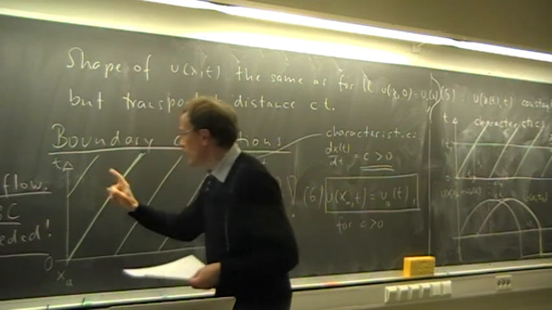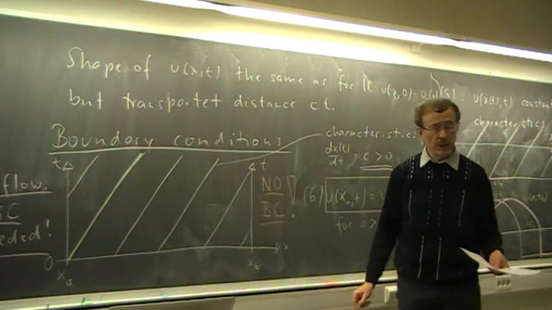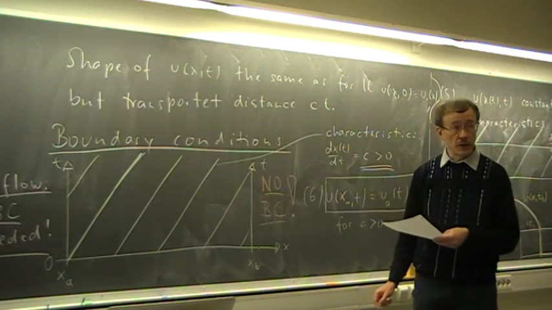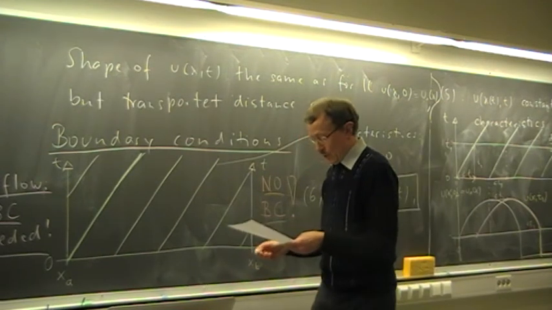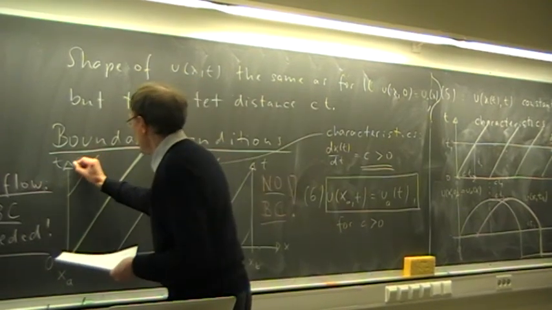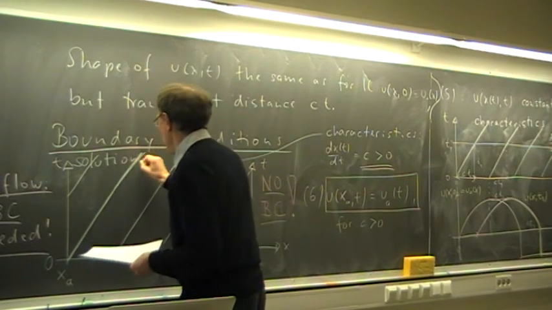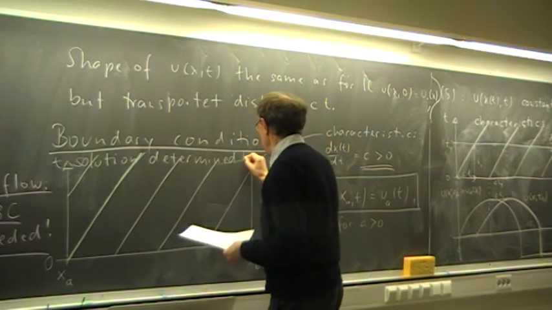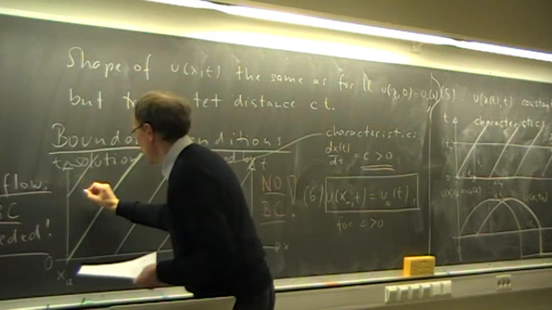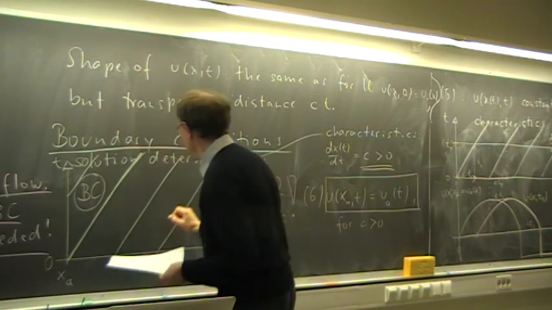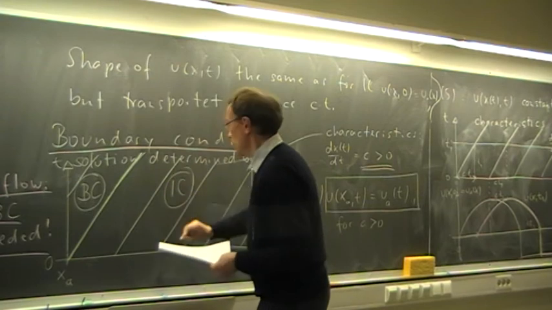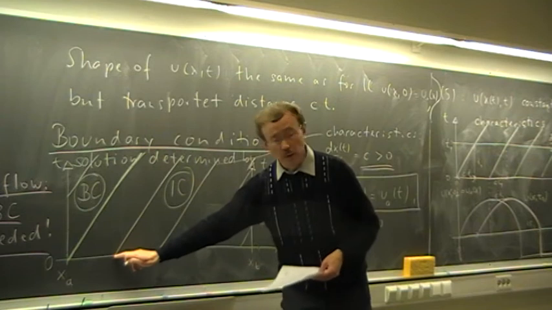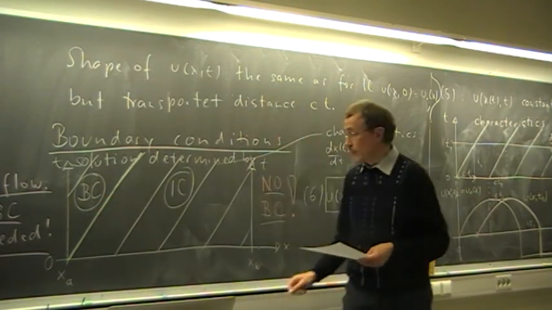Anything on the left is determined by the left boundary condition, and anything to the right is determined by the initial condition. Any point in this part you can trace back to the initial condition, and here you hit the left boundary.